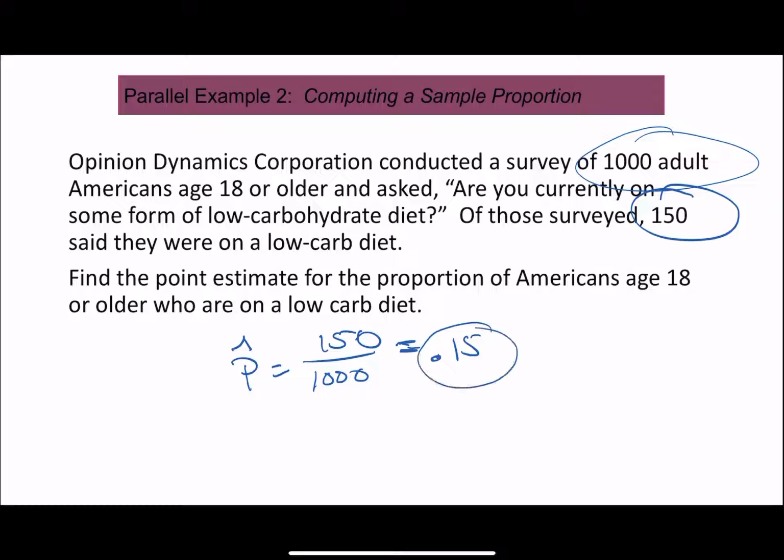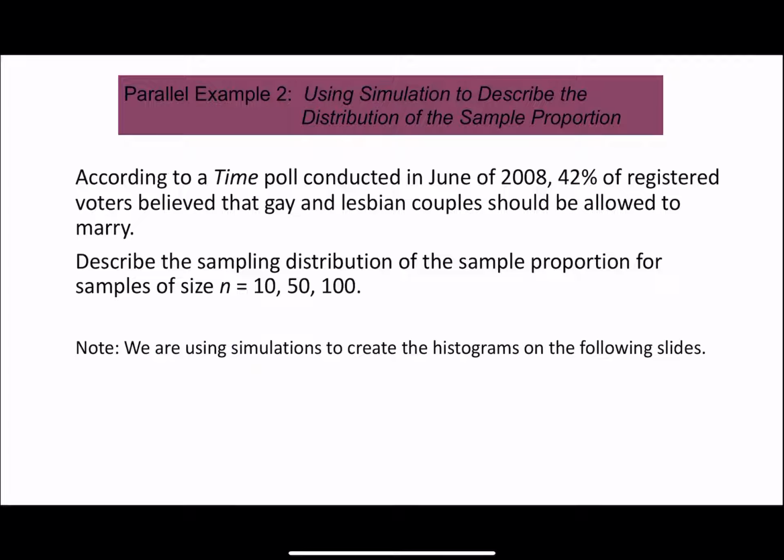So the proportion of Americans age 18 or older who were on the low-carb diet was 0.15. Okay, obviously this does not stay this easy. We're going to take this a step further.